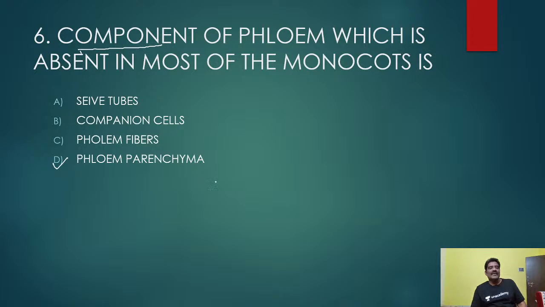In monocots, phloem parenchyma is mostly not seen. Phloem fibers are common. These are parts of phloem, companion cells also, sieve tubes also, except this phloem parenchyma. Are you following? Attend the class regularly, so you will be clarified on everything.